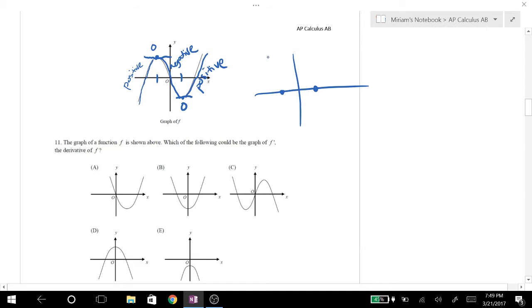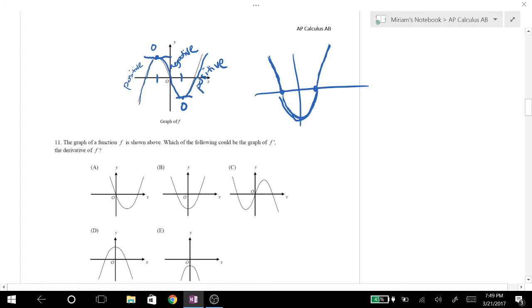Positive means I have to be coming from above, I'm above the y-axis. Negative, I have to be below somewhere. And then positive, I have to be above again. So a good sketch maybe would look something like this. So that means positive up here, negative below the y-axis, and positive above the y-axis again.